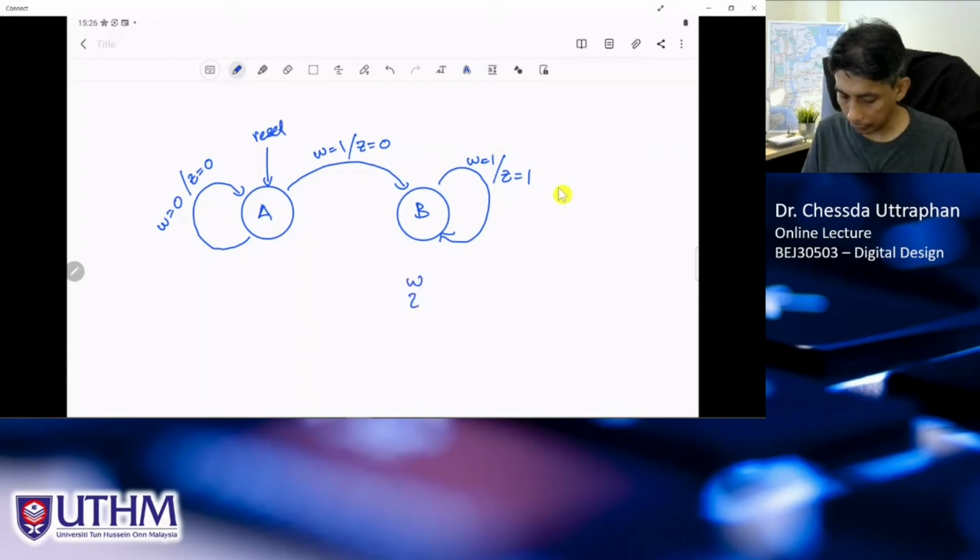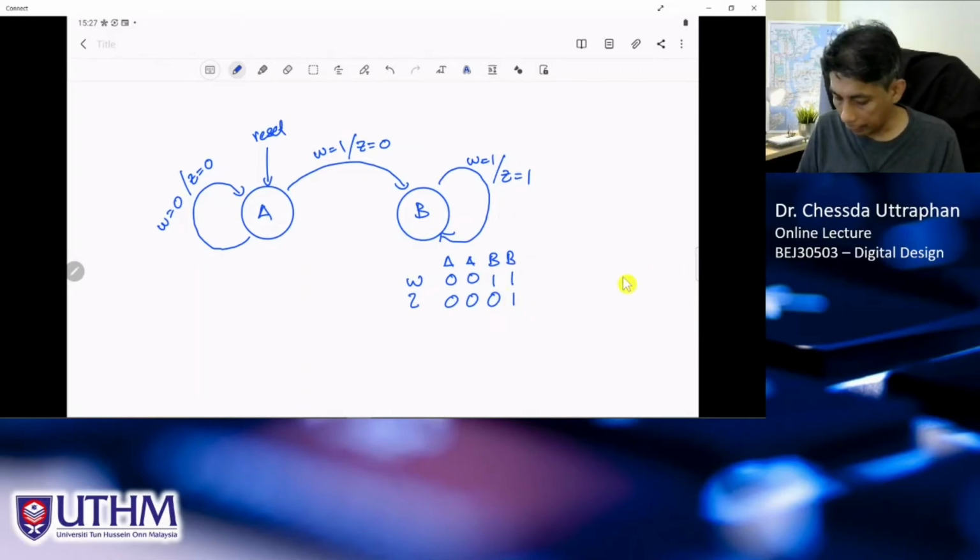So it should be something like this. This is w, this is z. If 0, 0, yes, we remain at A. But if 1, we go to B, but here z should be equal to 0. Now if 1 comes here, we remain at B, and z should be equal to 1 here.